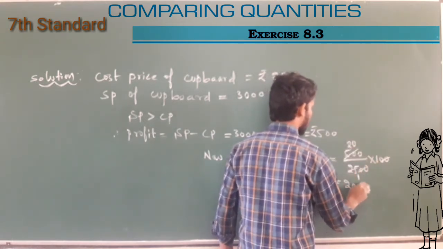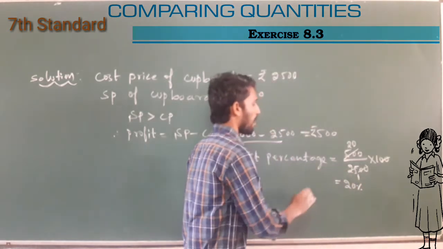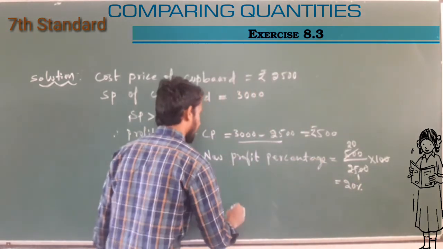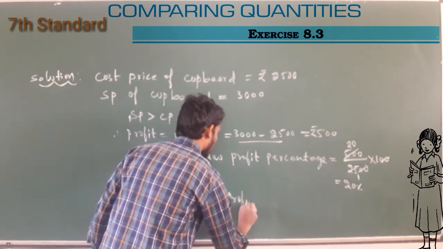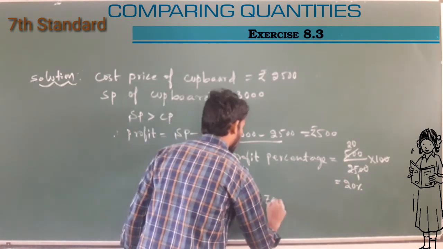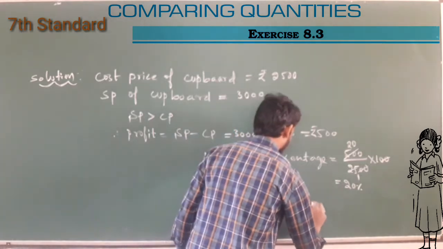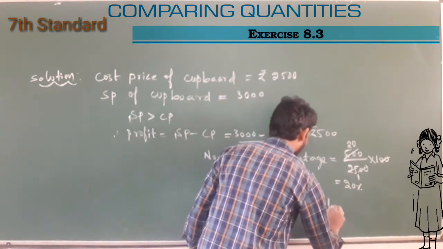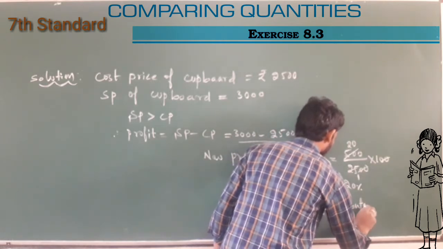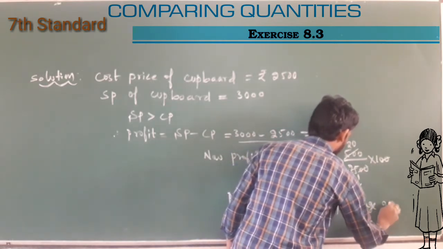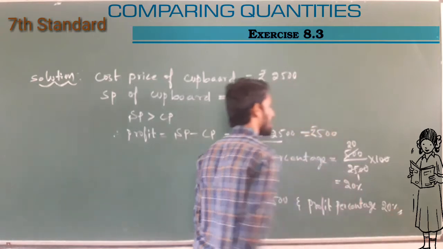Now 20%. This is the profit percentage. Now we can write: profit is 500 rupees, profit percentage is 20%. Okay, this is the solution.